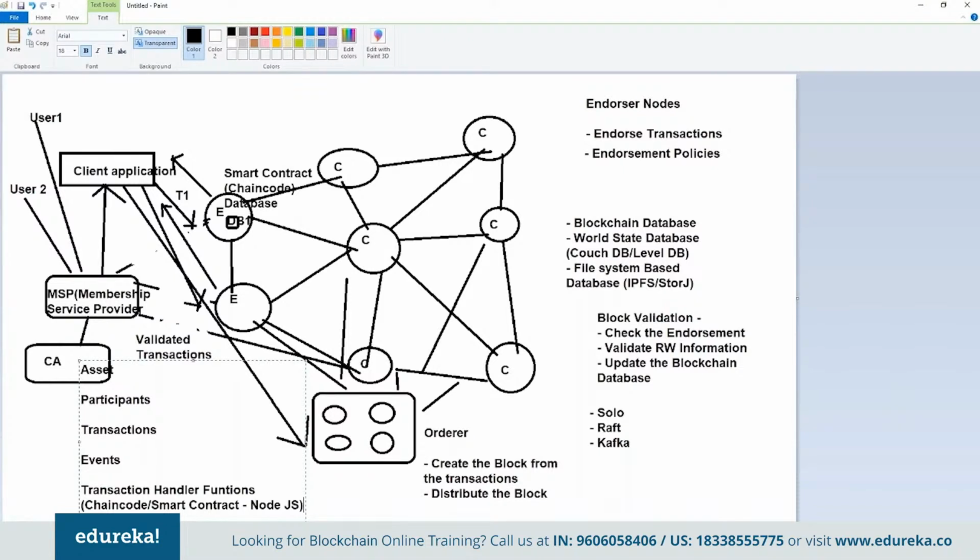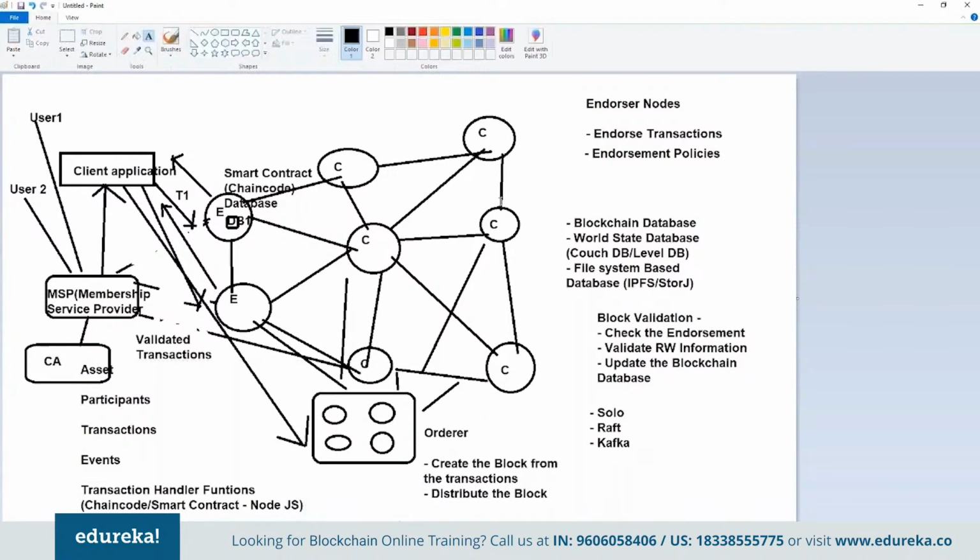But you can also write it in Java, C++, or Python. All those SDKs are available. You just need to plug and play, integrate that SDK, and start using the language you want to implement in your smart contract. So these are some basic theoretical concepts of Hyperledger Fabric.